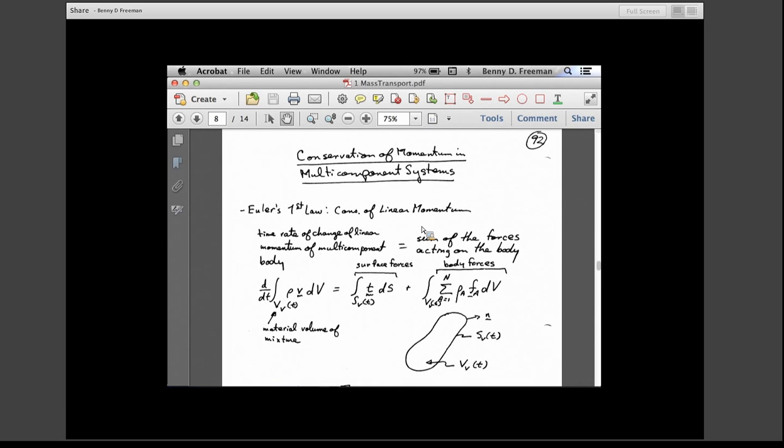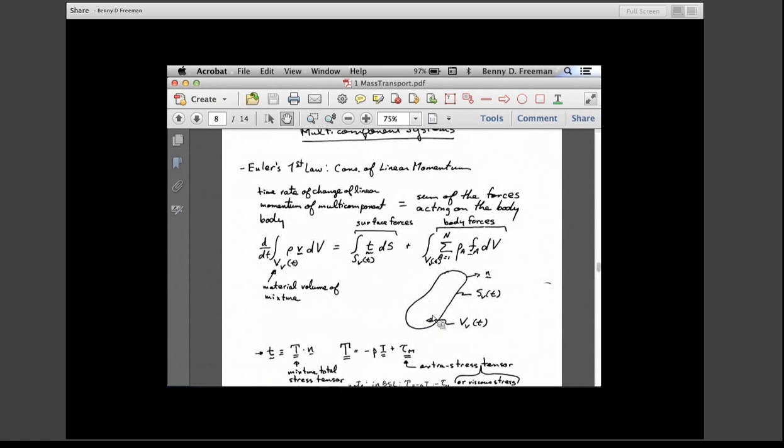You can derive, for example, starting from a material volume, point expressions for the rate of conservation of momentum. And so you have basically a consistent set of transport equations that demand conservation of mass, conservation of momentum, and ultimately conservation of energy. These equations can all be derived using the same starting point. Again, we won't spend a lot of time on this, but it's just to make you aware of this methodology in the literature.